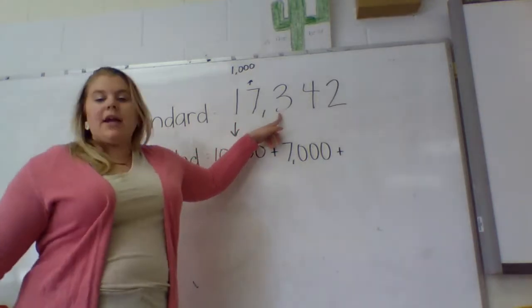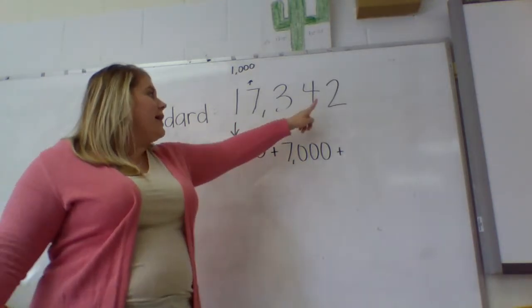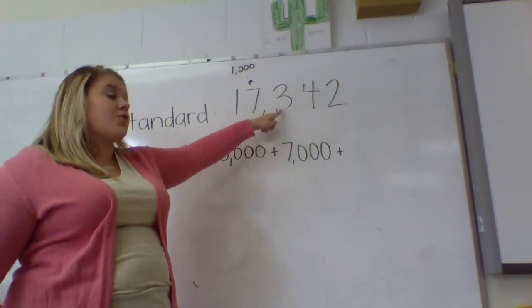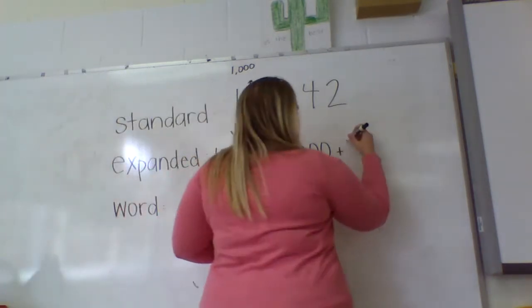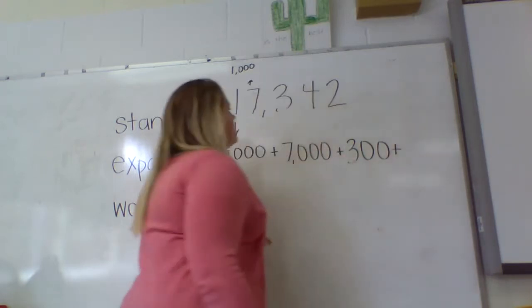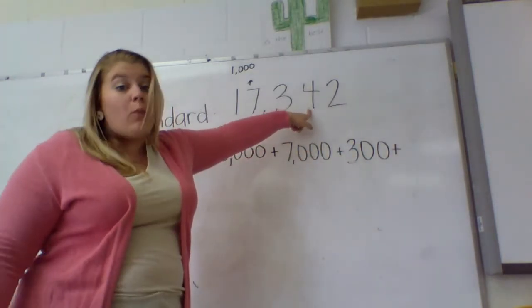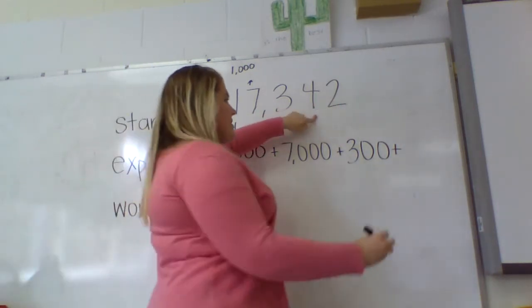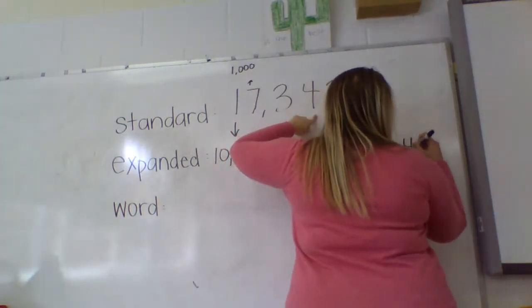Then we go to this 3, but we know it's not really 3. It's in the ones, tens, hundreds spot. So it is 300. Plus this 4. We know it's not 4, it's in the ones, tens place. 4 tens, 4 groups of 10 is 40.